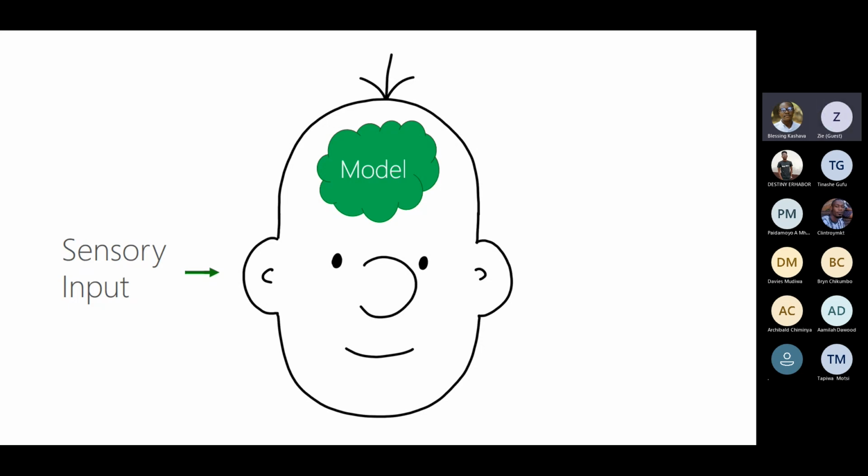Let's say you put your hand on a stove that was recently on and it's burning hot. The sensory input is your hand feeling this heat, your brain processes that, and then you give out some sort of behavior as a response to stimuli.